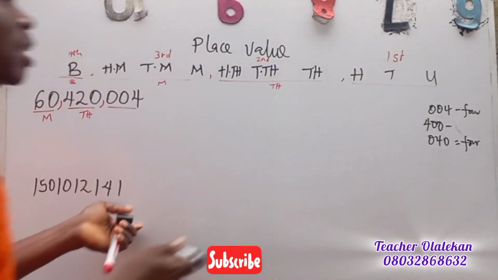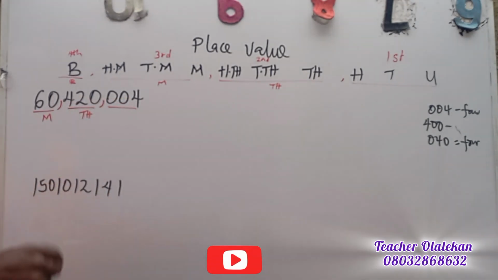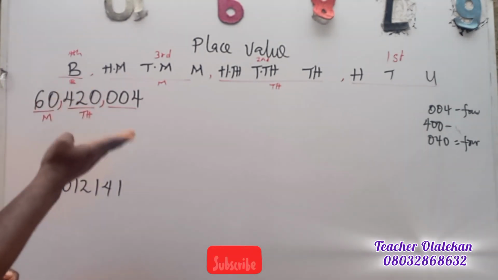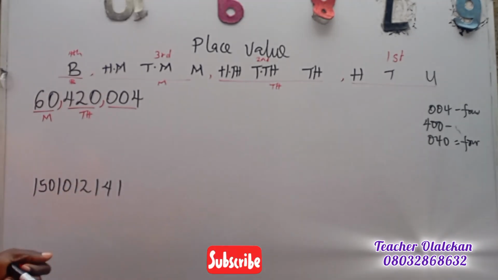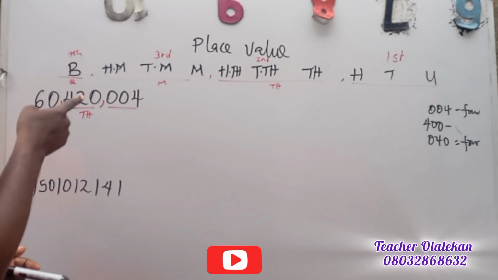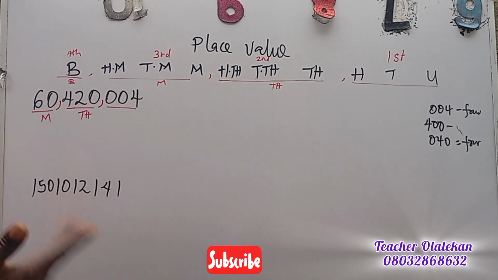So do not forget that. As we have 004 here, that is automatically 4. Also, 420 is different from 402. 420 is 420, 402 is 402, while 042 is 42. So do not make that mistake, just like in normal counting.